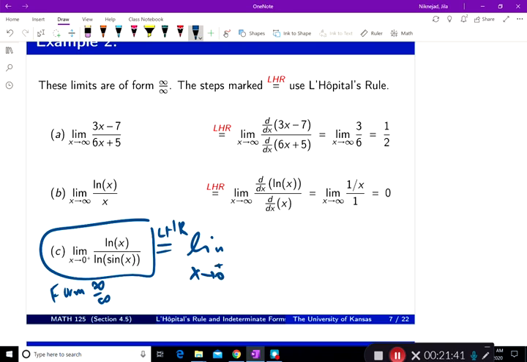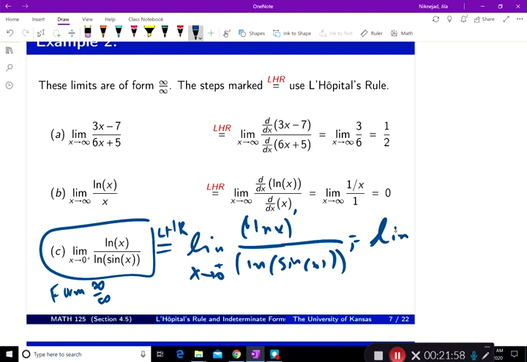Let's see, limit as x approaches 0 from the right side, derivative of natural log of x over derivative of natural log of sine of x. This is equal to limit as x goes to 0 from the right.